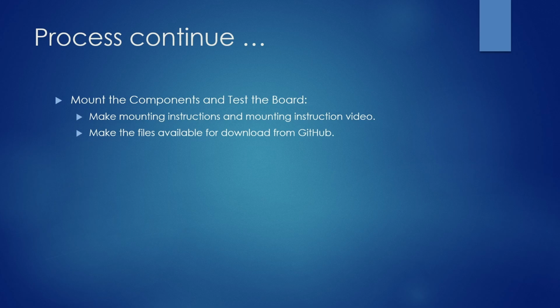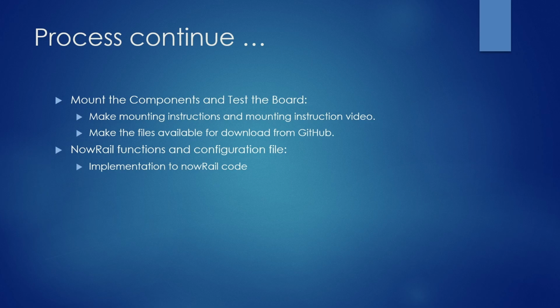When we are at this point in the process, then we will be about halfway in making the board ready to run. Then the implementation of all the nowRail functions that are going to be used needs to be done. Creating a configuration file with options and having that implemented into the nowRail code.